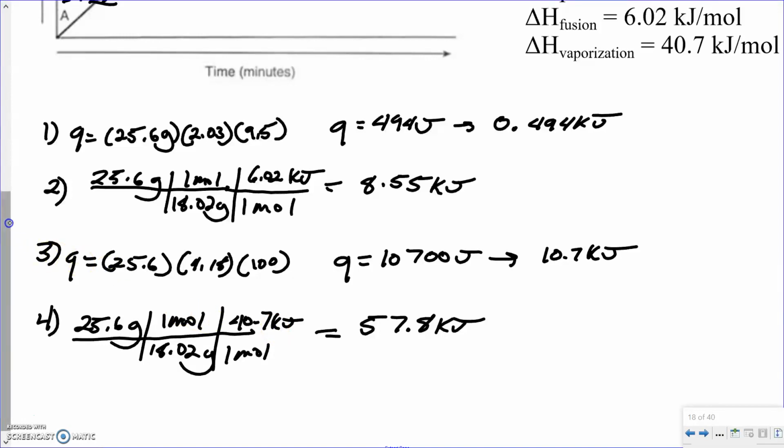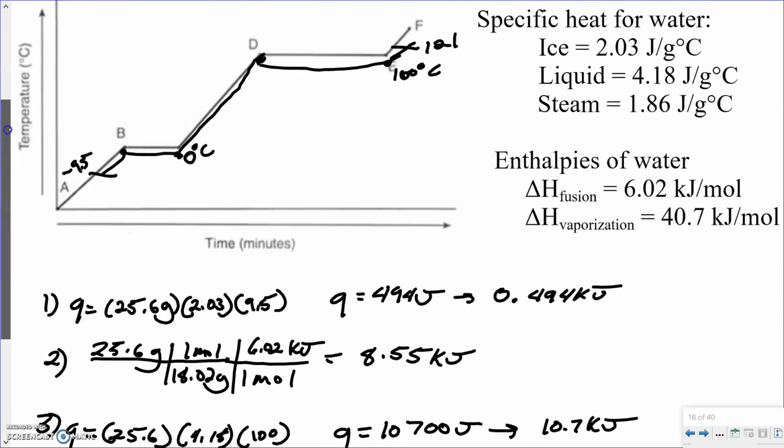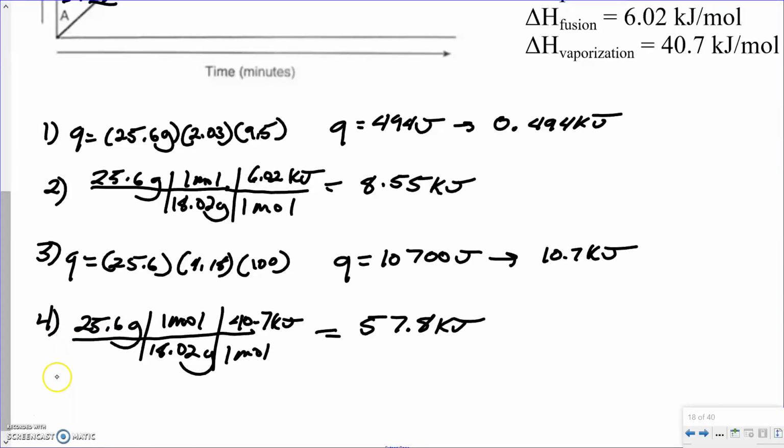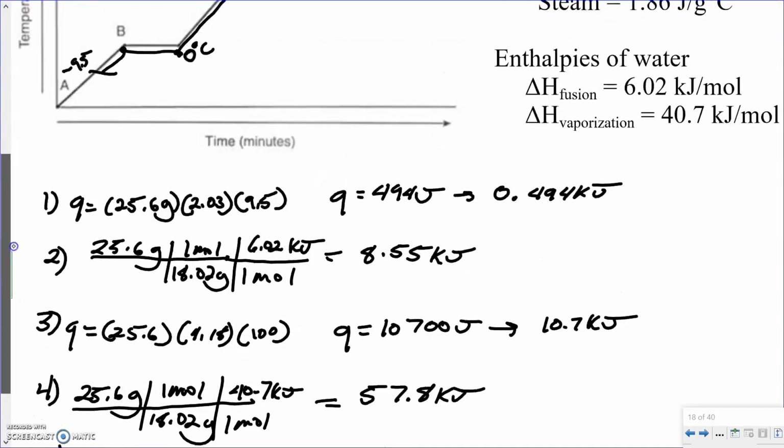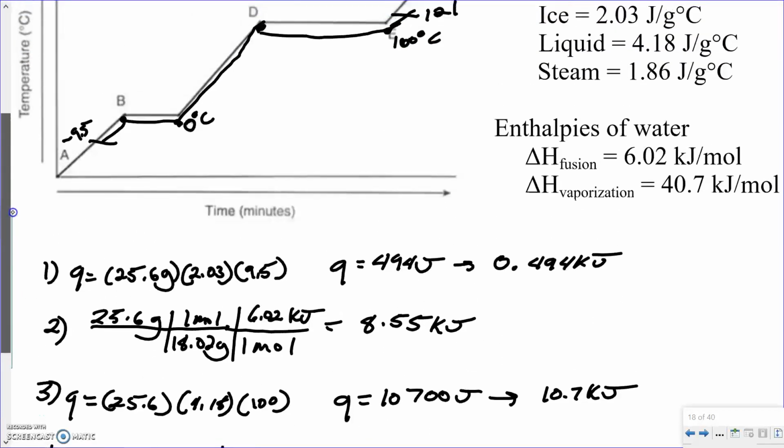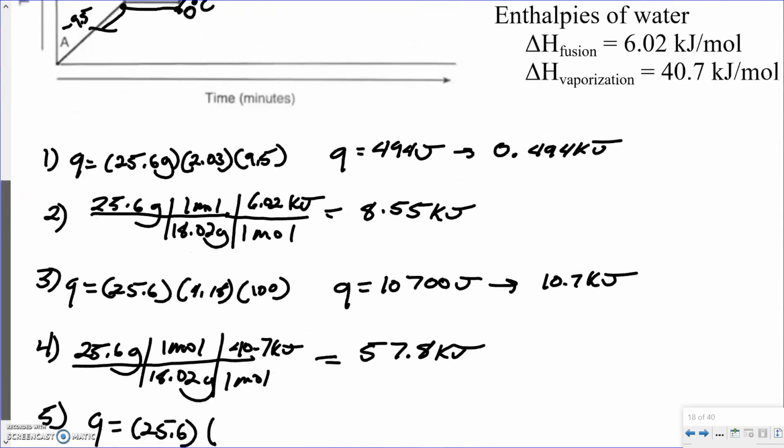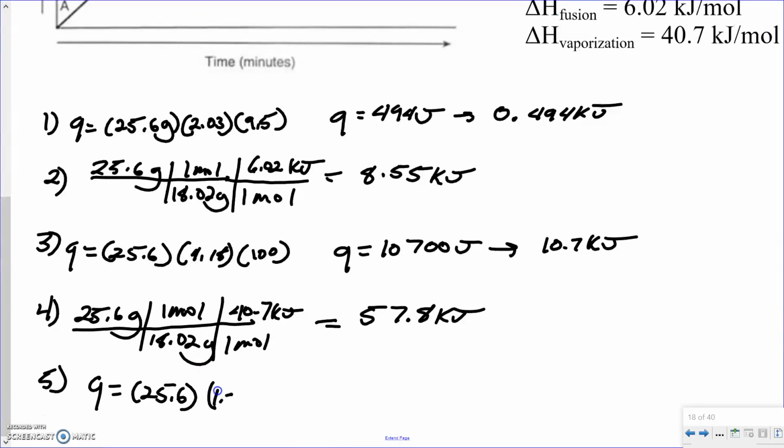Last step is to go from 100 to 121. Okay, which is using our mcΔT again. So Q equals 25.6 times a specific heat capacity of 1.86. And I'm not sure why the specific heat capacities are different, except I may have pulled them off of different sheets.